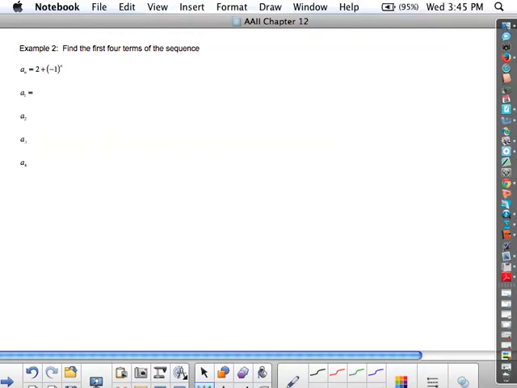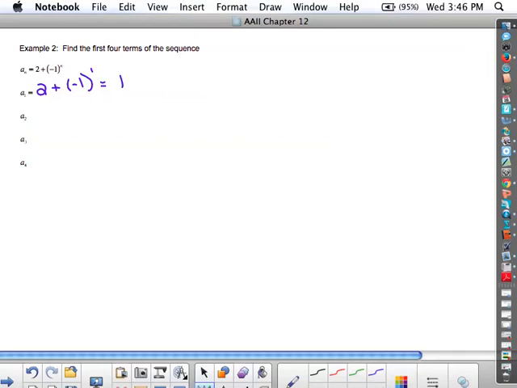Here's another example. Find the first 4 terms of the sequence 2 plus negative 1 to the n. When I substitute in, n is the exponent, so what you're going to see is this just oscillates between two numbers.